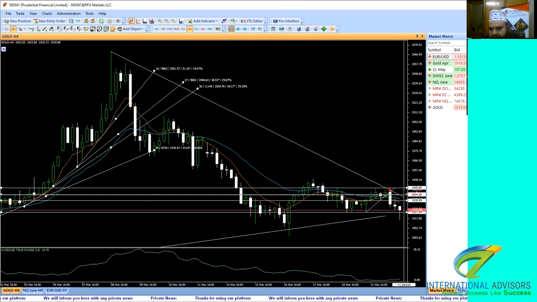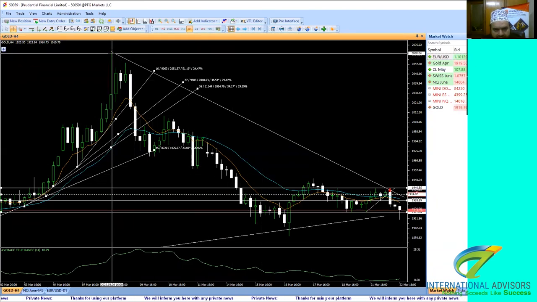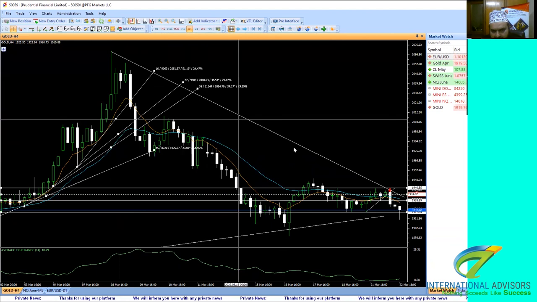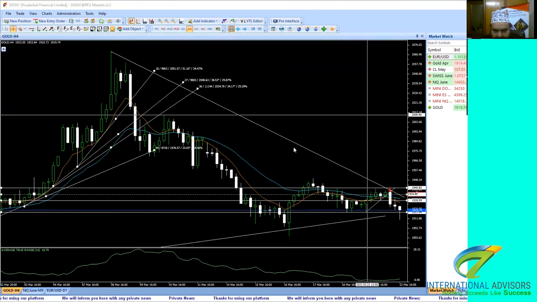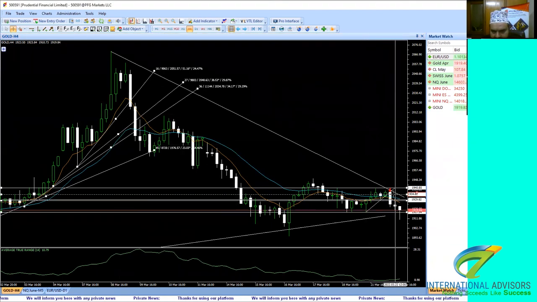That would be another logical and rational reasoning for you to buy it back, because now ultimately this is a valid trend line here.